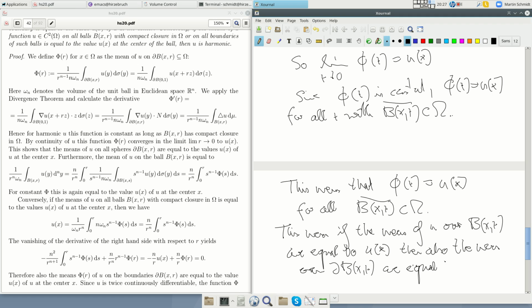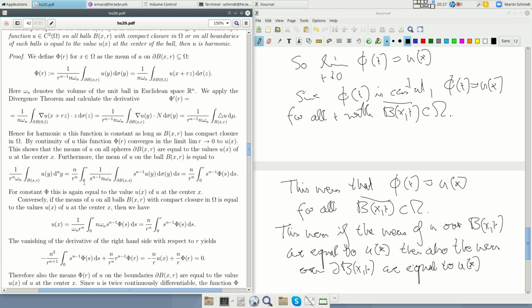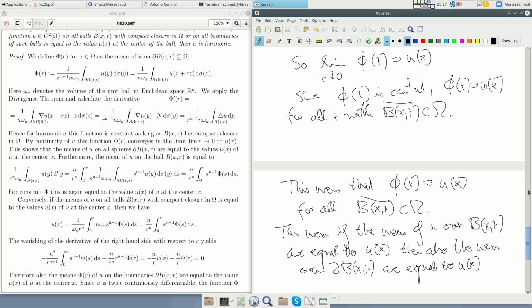This we have proven. Since we know this function is differentiable, if this is constant for all r, then we get from the derivative the vanishing of the derivative.